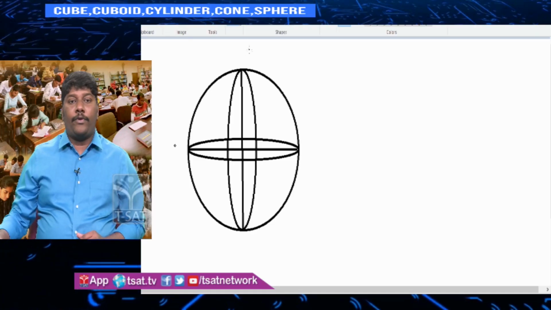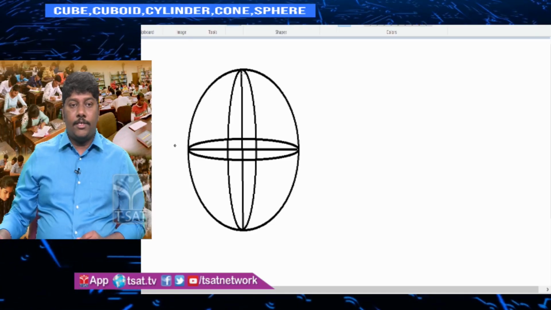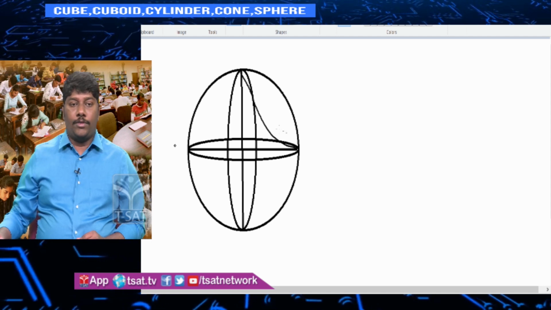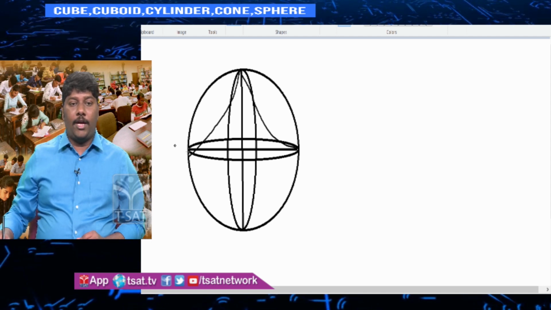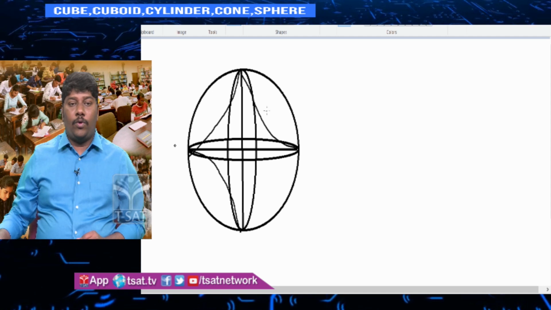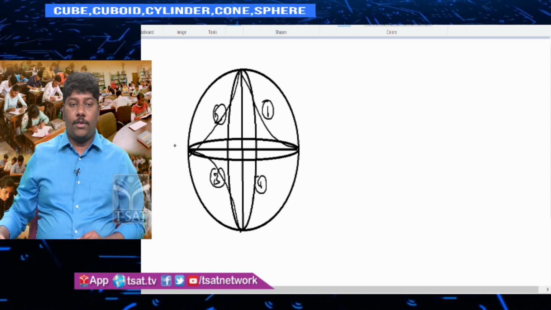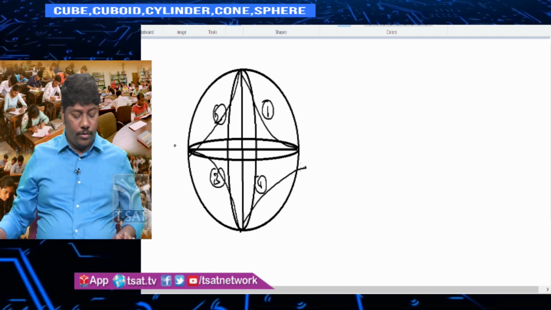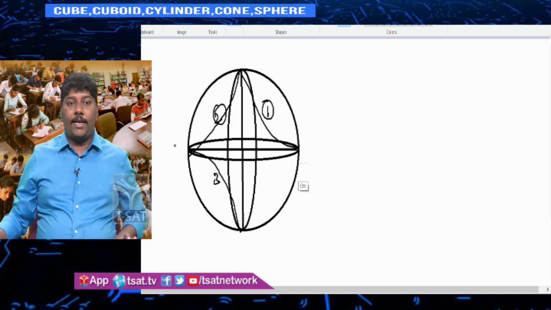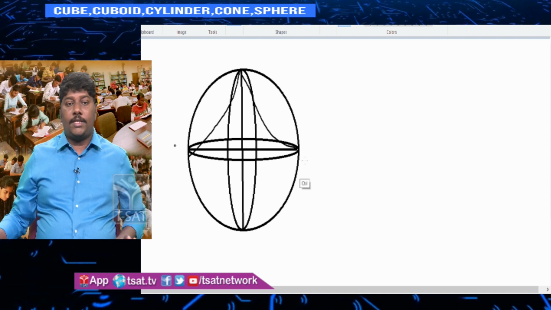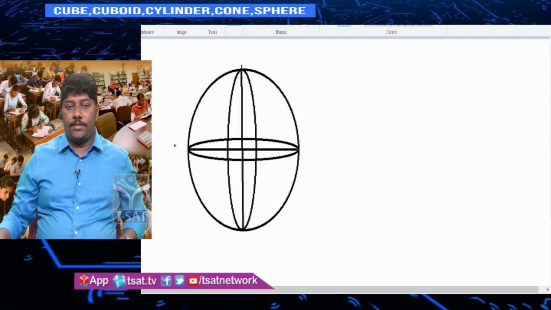Now, just imagine the sphere is a confluence of 4 cones. Imagine the sphere is formed by using 4 cones. In order to get the formula, you just remember it like this: cone 1, cone 2, cone 3, cone 4. Therefore, the entire surface of the sphere is covered by 4 circles.